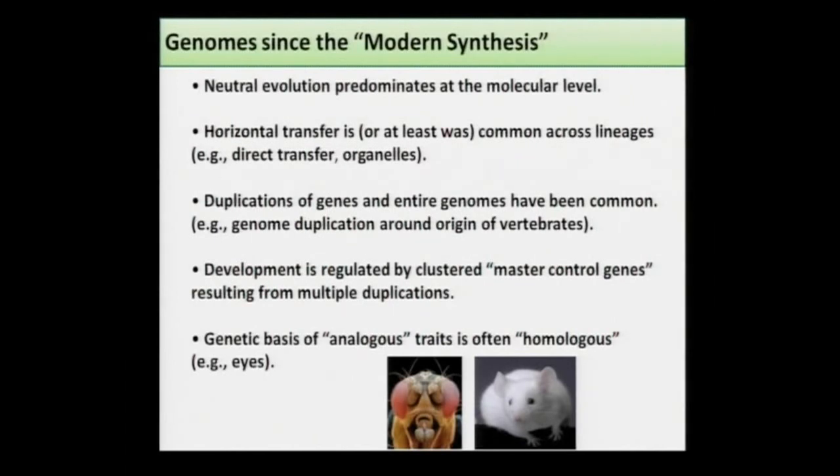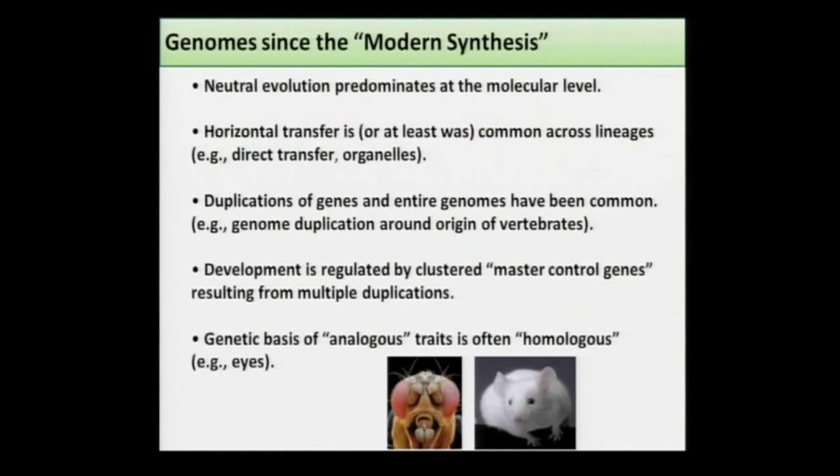For example, there was a genome duplication around the origin of vertebrates, and another one around the origin of bony fishes that's not shared by other vertebrates. We know that development is regulated in part by what are sometimes called master control genes or developmental regulatory genes. These are the product of gene duplication.